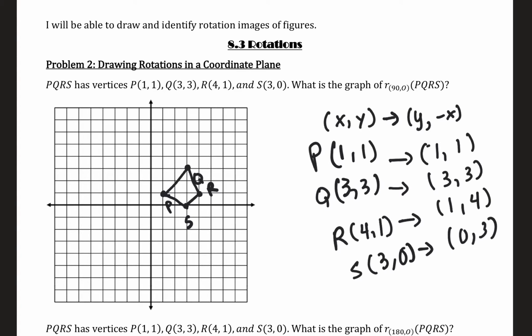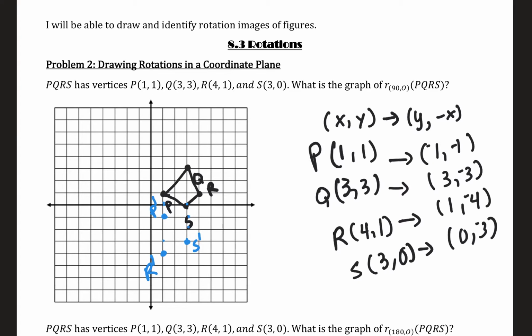So I switched it, and now this will be the opposite of its value, so it's negative, negative, negative, and negative. So now I'm going to use a different color to indicate the rotation. So we have 1, negative 1, so that's P prime. 3, negative 3, so it's 1, 2, 3, 1, 2, 3. So that's S prime. 1, negative 4, 1, 1, 2, 3, 4. So that will be R prime.